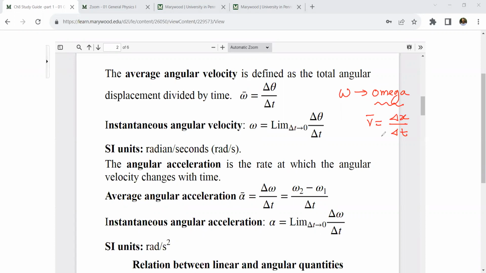The average angular velocity is the same thing, the change in angular displacement with respect to time. This is the definition. And the instantaneous angular velocity is omega when delta t is very small, very similar to the instantaneous velocity.